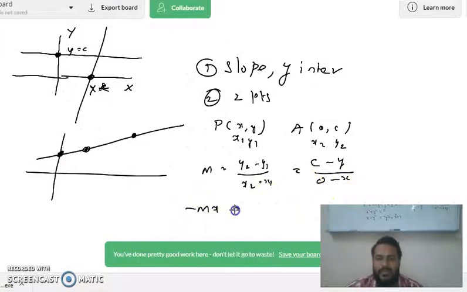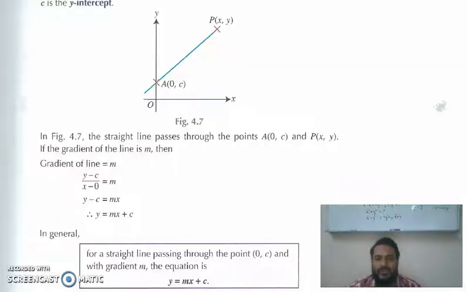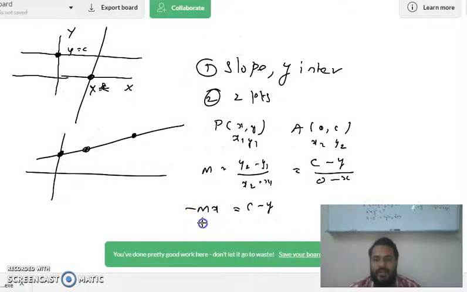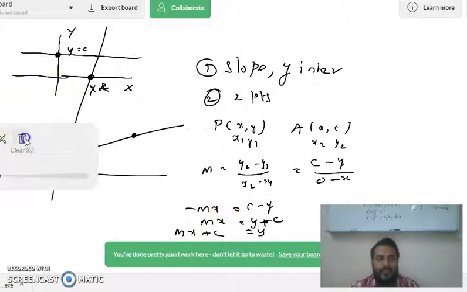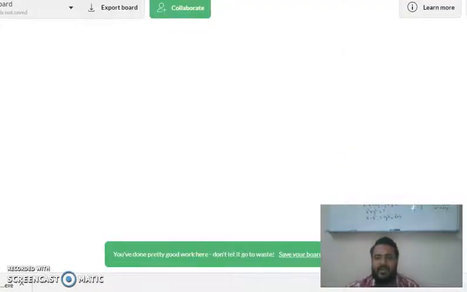It is minus mx is equal to c minus y. Multiply by a minus, so it is mx is equal to y minus c. So y is equal to mx plus c. It's proved.